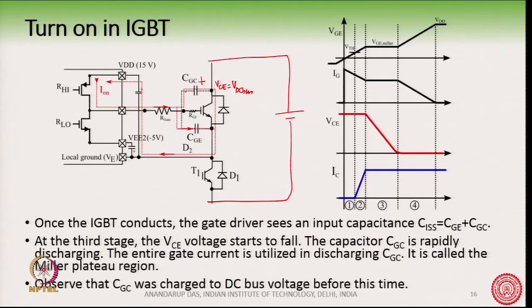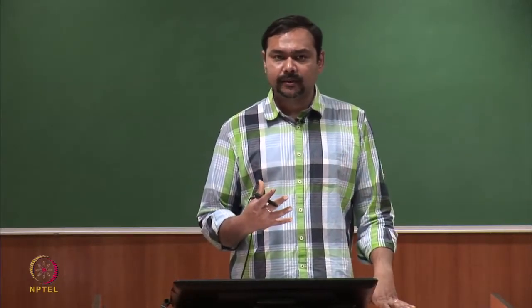So, you can understand that this capacitor CGC has a huge voltage applied across it, and so it is having a lot of charge inside it.